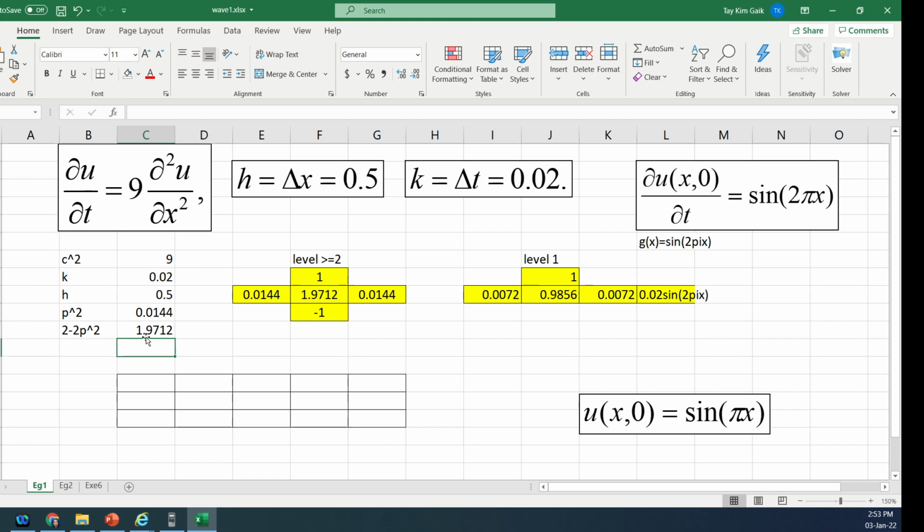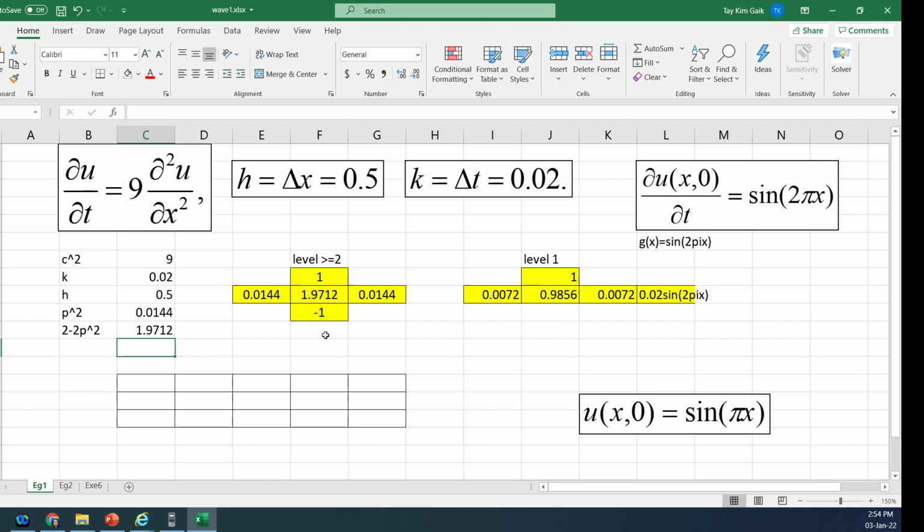So you get 1.9712. And then the molecule for level greater than or equal to 2: one time of the targeted cell is equal to rho squared, 0.0144. The center middle coefficient is 1.9712, which is 2 minus 2 rho squared. The right middle molecule coefficient is 0.0144.